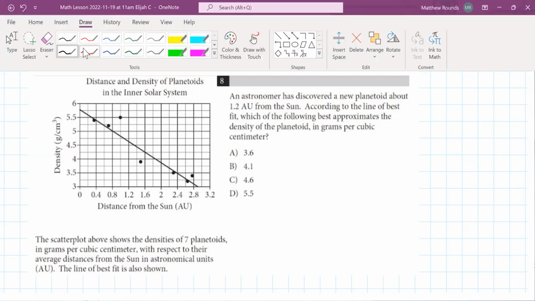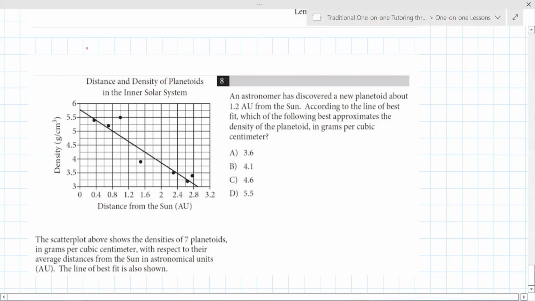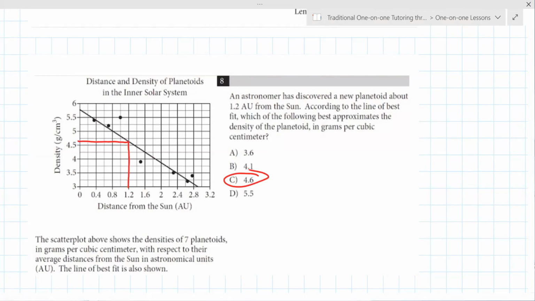So it'd be like 4, 5.5, or 6-ish. Now I know it's easier for me because I've got it right in front of me, but I would always just draw that. You can do that with your finger, just sort of trace it up until you hit the curve and go back on that.